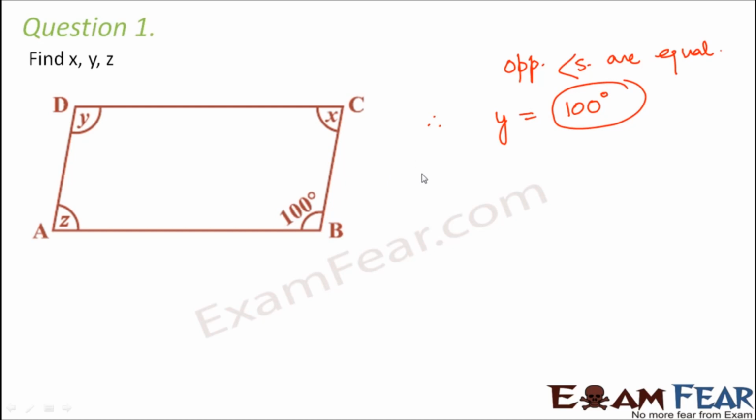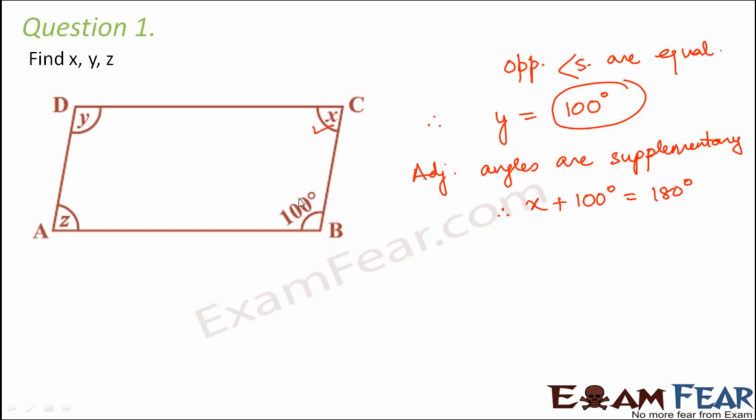The second property that we know is adjacent angles are supplementary. That is, the sum of the adjacent angles is equal to 180 degrees. So we can say that X plus 100 degrees is equal to 180 degrees, because X and 100 degrees are adjacent angles.